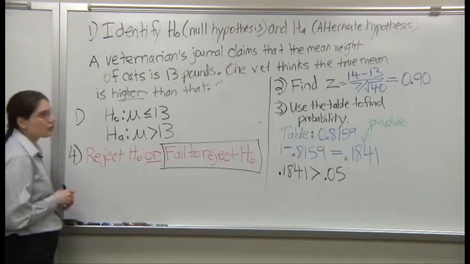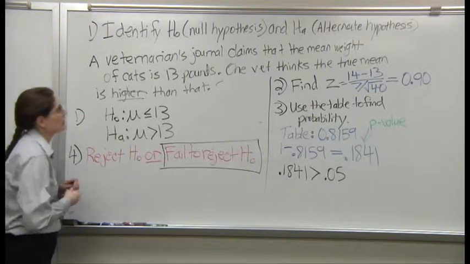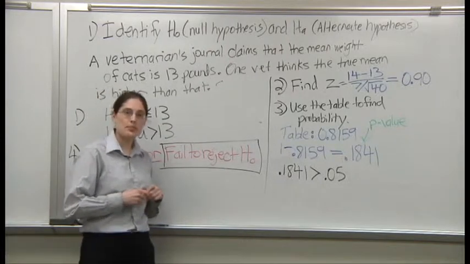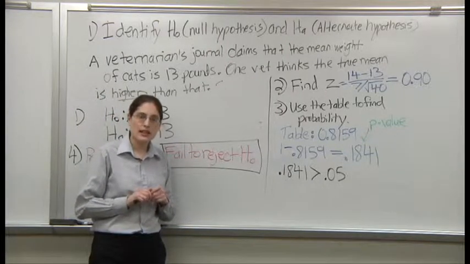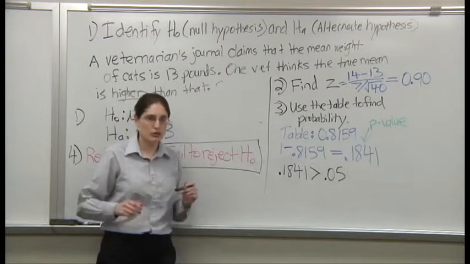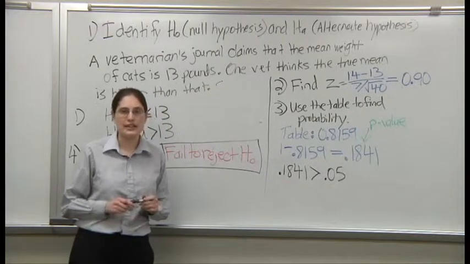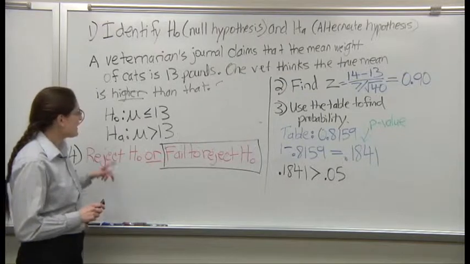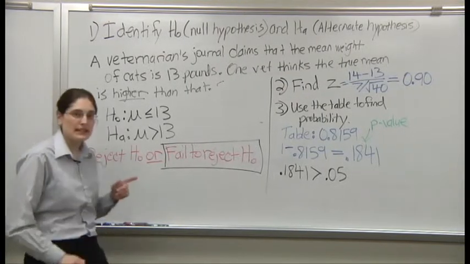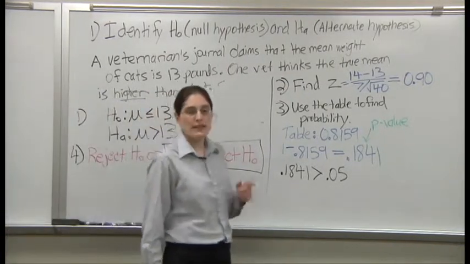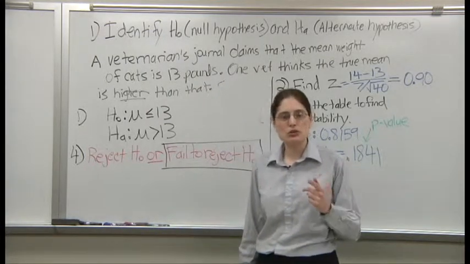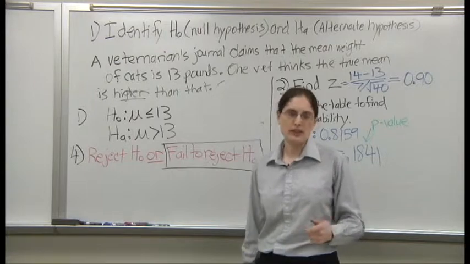The last step is to write a sentence. Is the true mean bigger than 13? Have we proved that the true mean is bigger than 13? That's the question. The answer is we didn't. We set out to prove that the mean of 13 was wrong, and we failed.